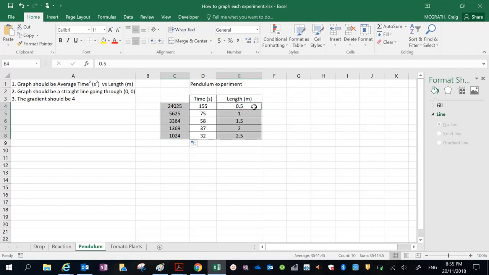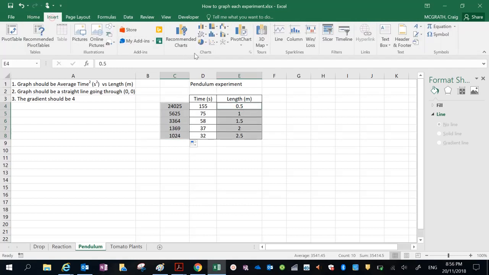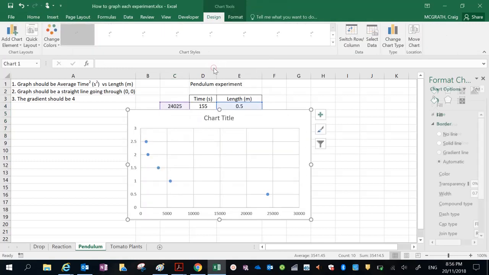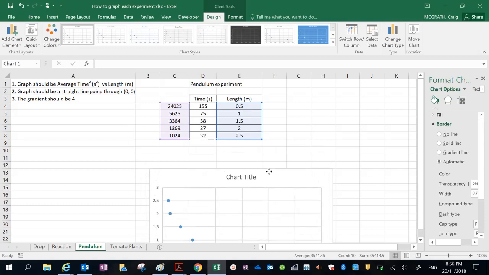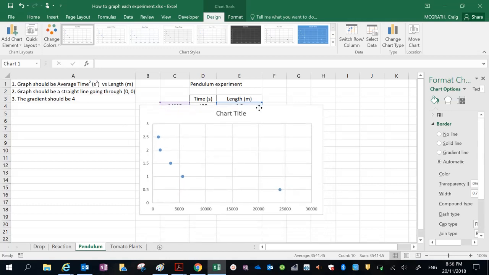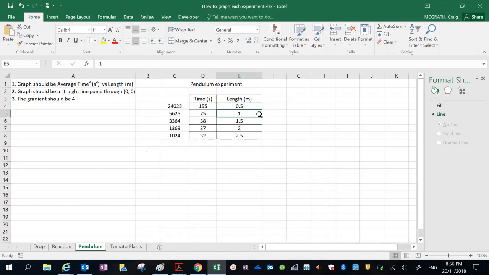So we graph our time squared and our length. Oh, that's crazy. I think I forgot to change the numbers actually. So I'll just make them up now.